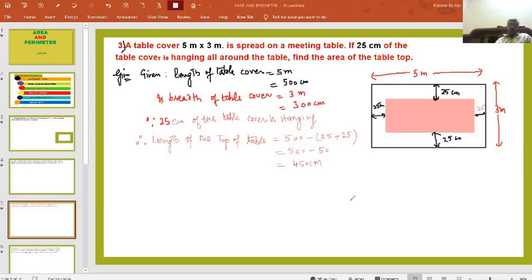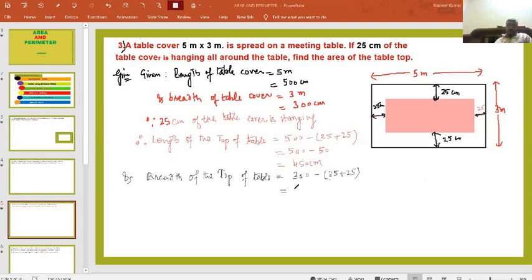Now the breadth of the top of the table. Breadth is 300 centimeters minus 25. Subtract 25 centimeters from both sides, 25 plus 25.